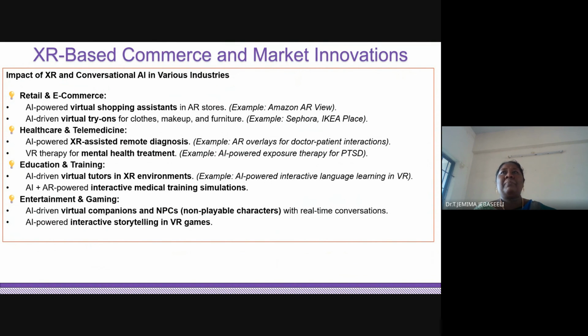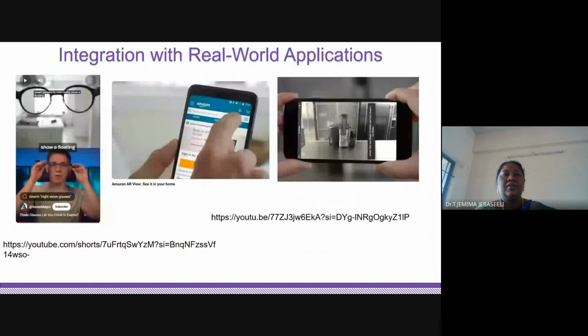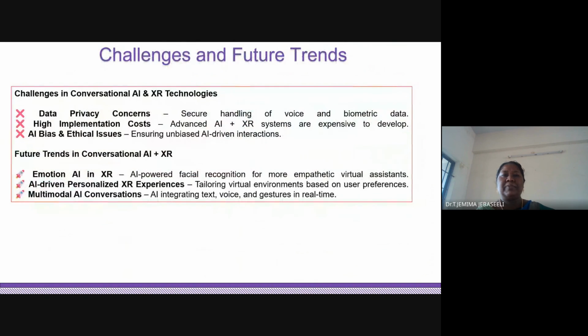When you choose your photograph and the lipstick color, it automatically applies, and if you are satisfied with that, you can go straight to ordering. Likewise, a lot of VR applications are there which enhance commercial business. You can integrate such VR based applications that may enhance the business application value. But there are many challenges.